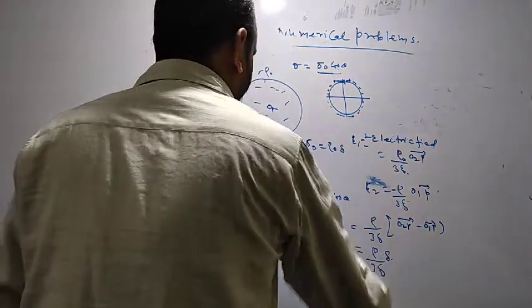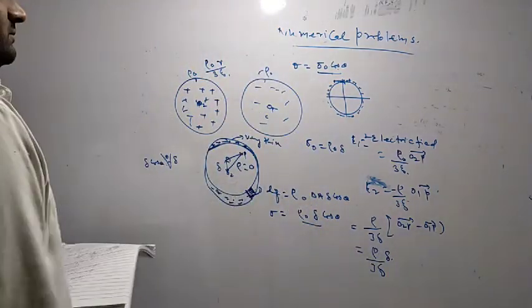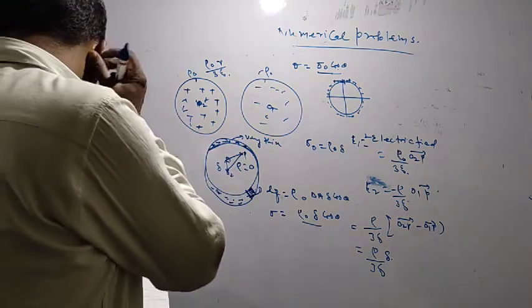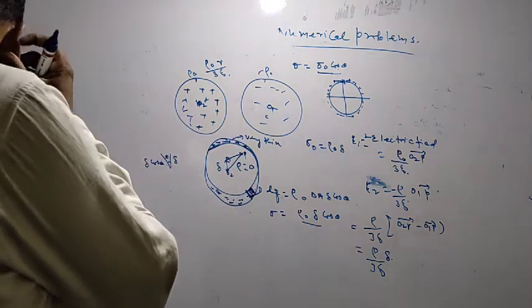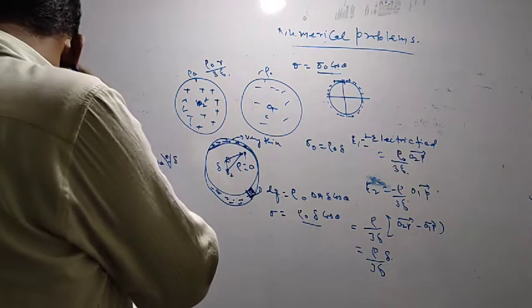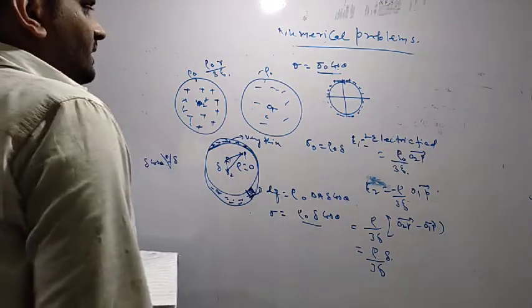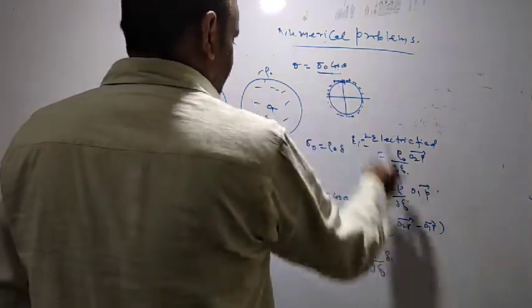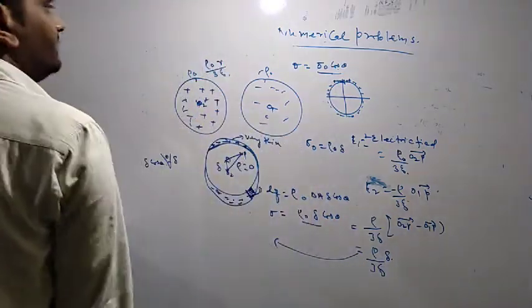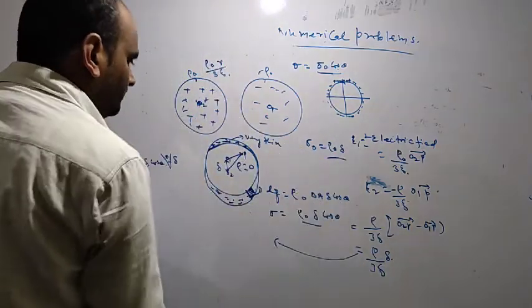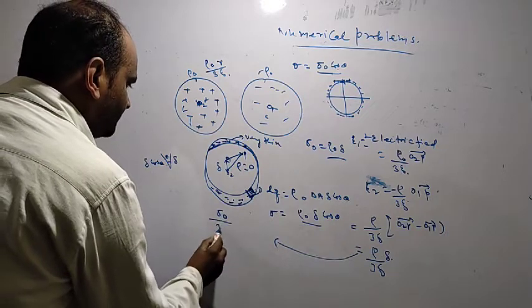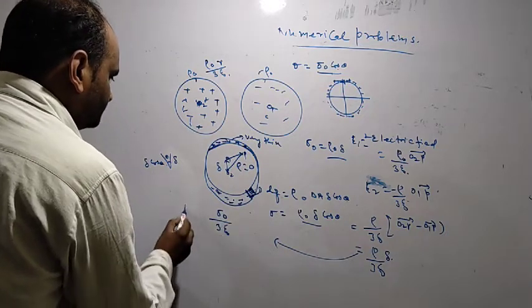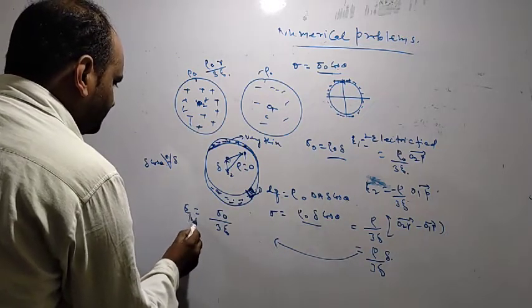This is a shift, a small shift we made. So this is your electric field. And the shift is this constant. Well, you can write this form sigma naught, this constant, by 3 epsilon naught. This is the electric field inside.